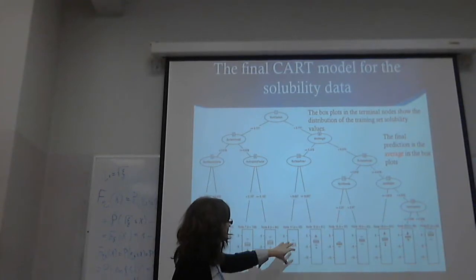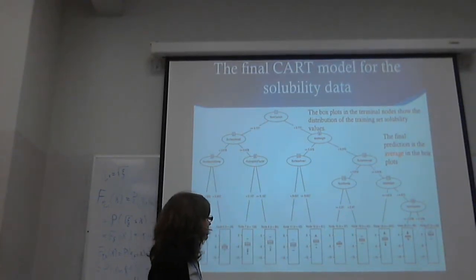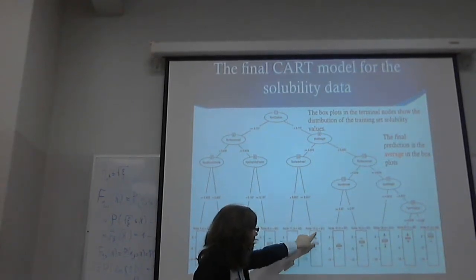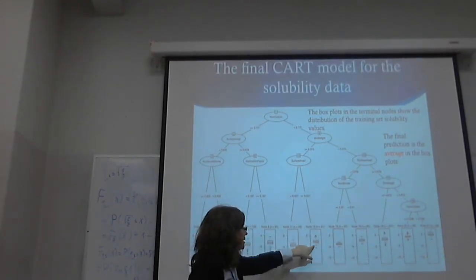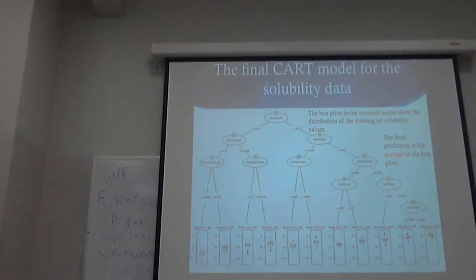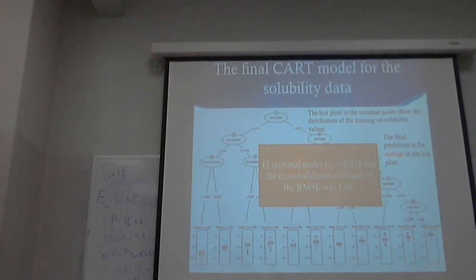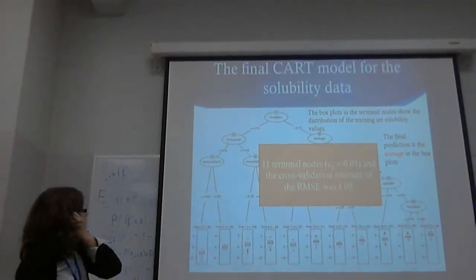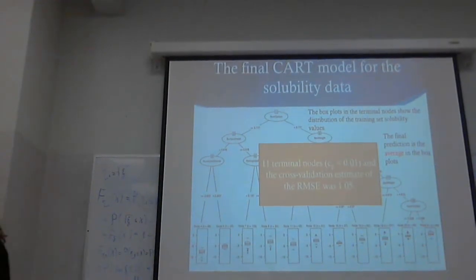When you finally end up with a test data point here, you have to realize that you're somewhere in the range, because other training data have this kind of distribution, as you see on the box plots. And here we have 11 terminal nodes, and the complexity parameter, a tuning parameter, chosen by the model was 0.01, and RMSE was this value.